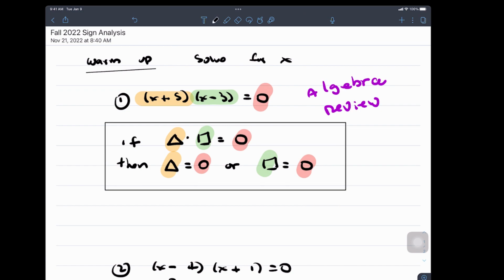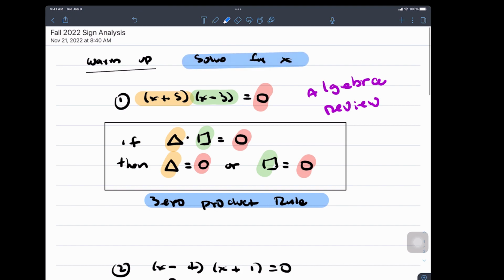Anybody remember? It has a formal name. I like to give the name because it helps you remember it if you need it. Because we've been using it. This is called the zero product rule. And you're solving for x.